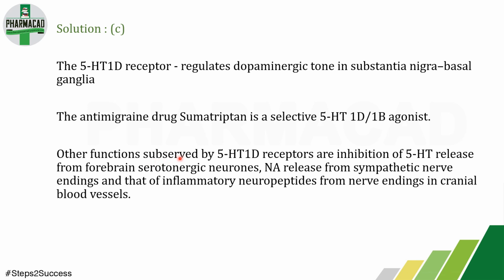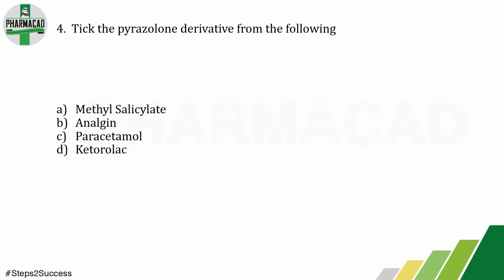And the other functions subserved by 5-HT1D receptors are the inhibition of 5-hydroxytryptamine release, noradrenaline release in the cranial blood vessels. Hence, the correct option here is sumatriptan, that is option C. Next question.